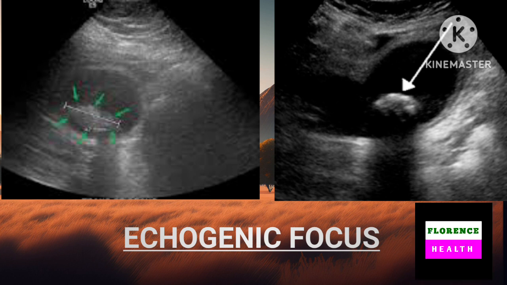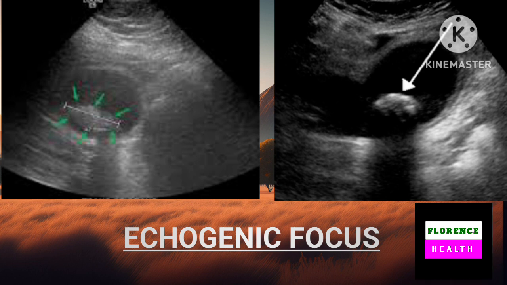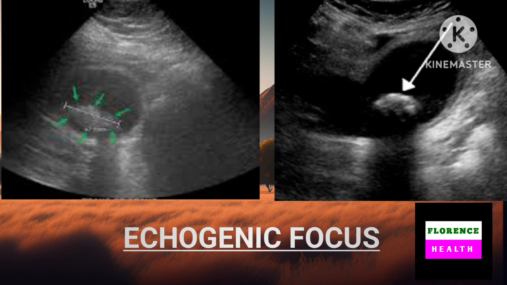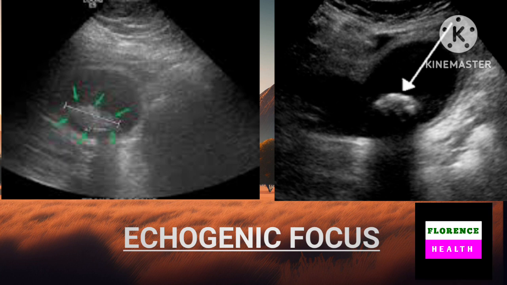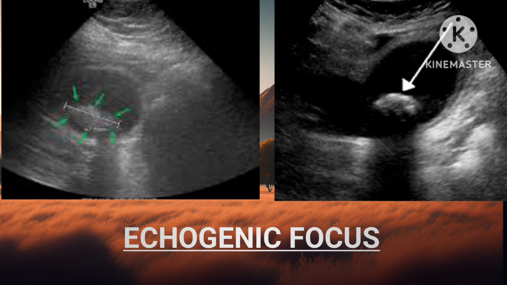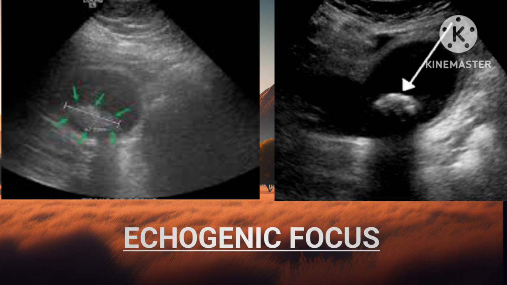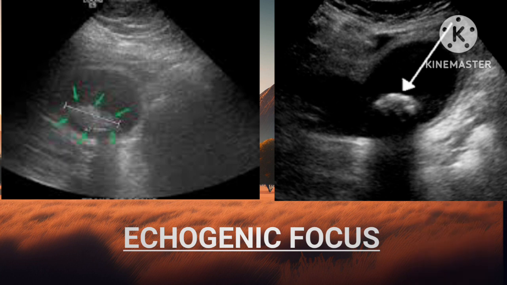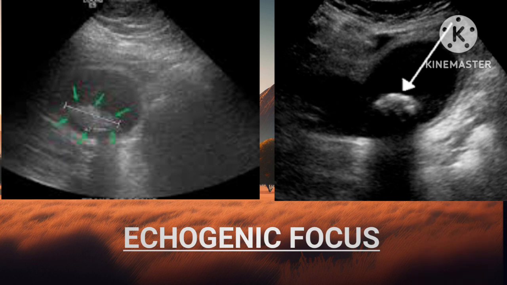As the lesion inside the gallbladder is brighter or whiter compared to the surrounding liver, mark this lesion as a hyperechoic or echogenic lesion inside the gallbladder. Again, by comparing two structures or two organs, you can label the organ or the lesion as hyperechoic, isoechoic or hypoechoic.